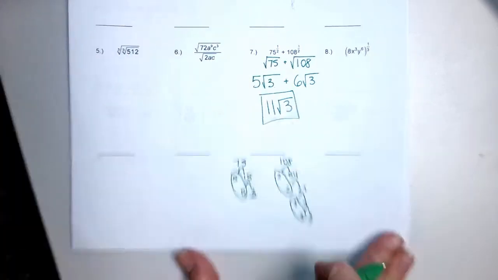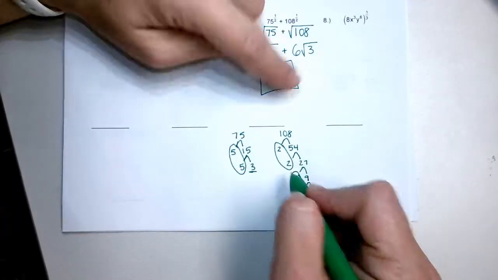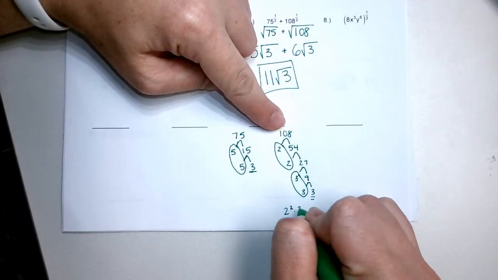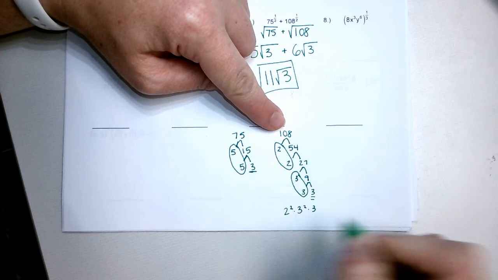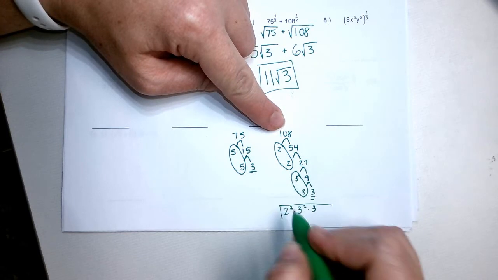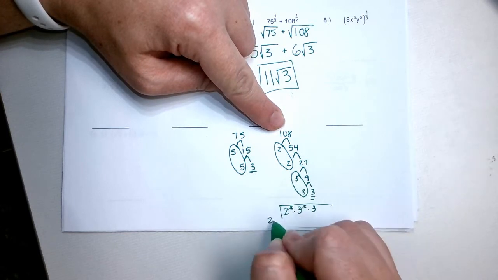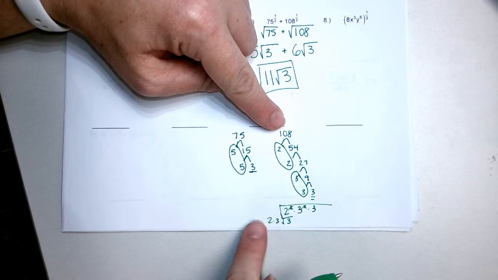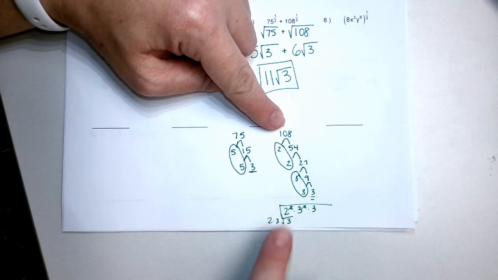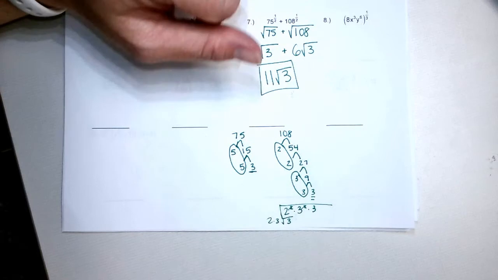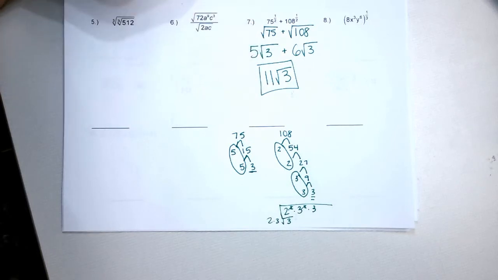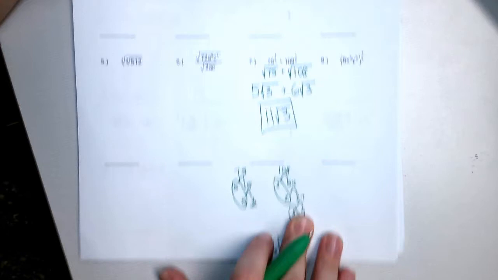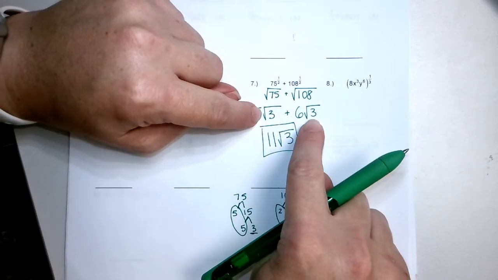Watch. This I can rewrite 2 squared times 3 squared times 3. So if I took the square root of that, well, the squared and that are canceled, but that 3 is still left on the inside. Well, 2 times 3 is 6 square root of 3. Remember, the square root cancels that double. It's so we can combine them because they have to have alike radicals.